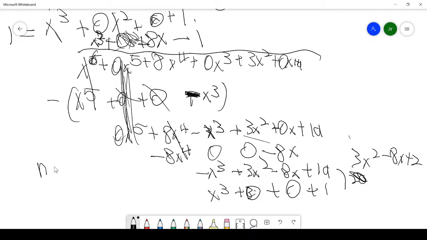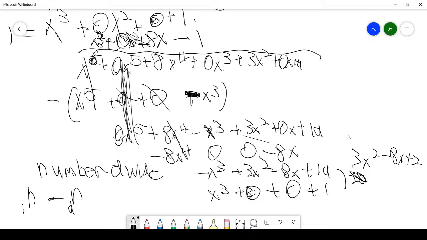You can kind of take it like this. The number of times you need to divide is equal to the n of the thing you're dividing, so n initial minus n divisor.